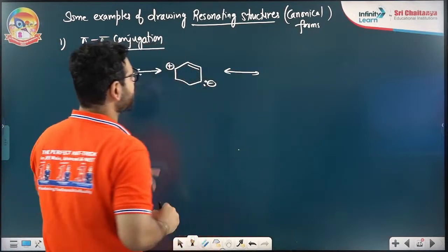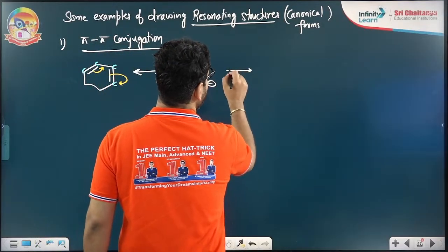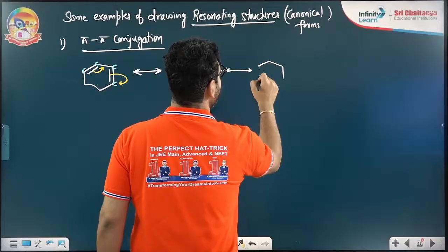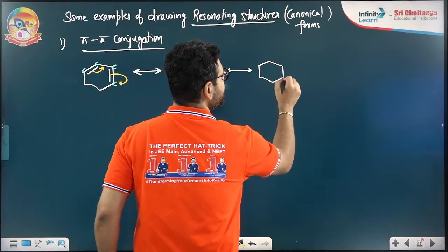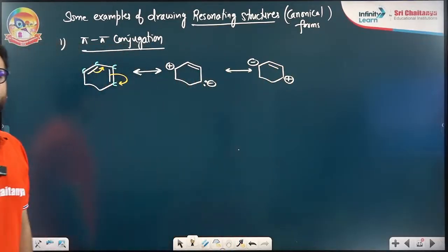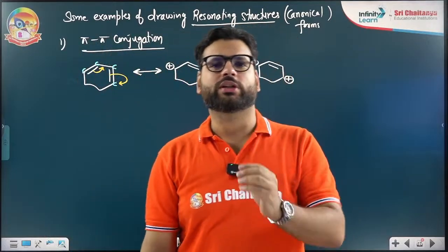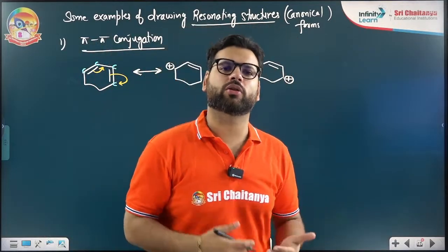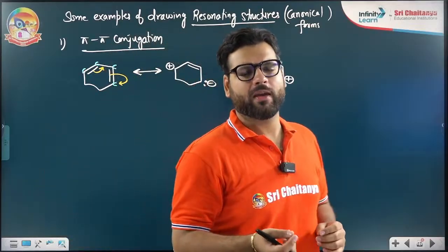If the movement of electrons was in the opposite direction, then if this pi moved ahead, plus can come on this carbon and minus on this carbon. Okay, so this is the first type of conjugation, pi-pi conjugation, and this is how you draw the resonating structure. Pi becomes pi, pi becomes minus.